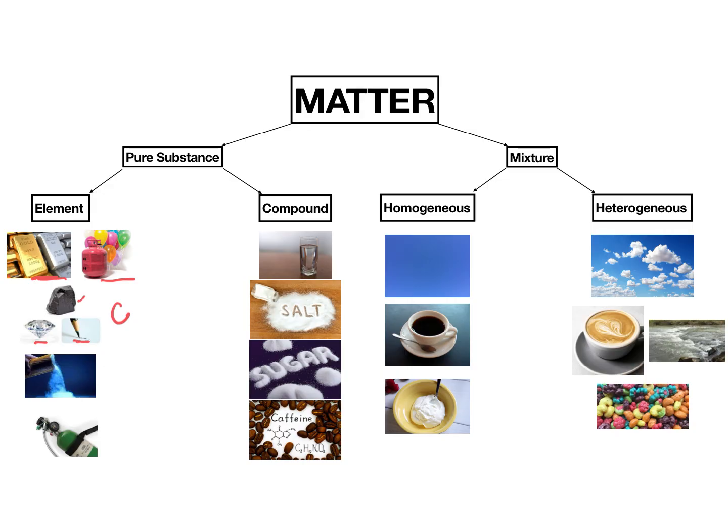Those are all forms of carbon. Those are called allotropes when one element comes in different forms. Here is some liquid nitrogen. Here is some oxygen. Okay, those are in the air. The atmosphere is 78% nitrogen and about 20% oxygen.